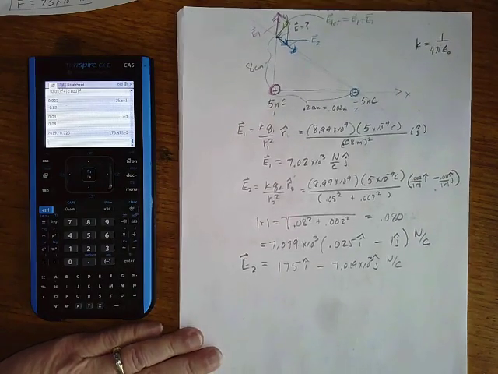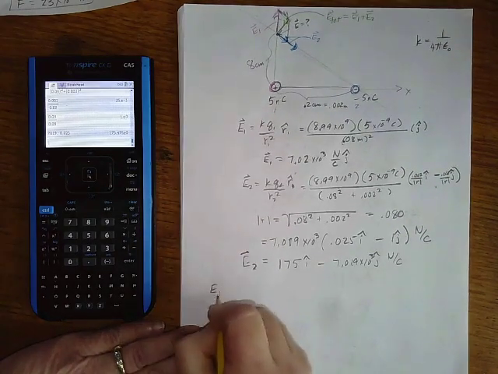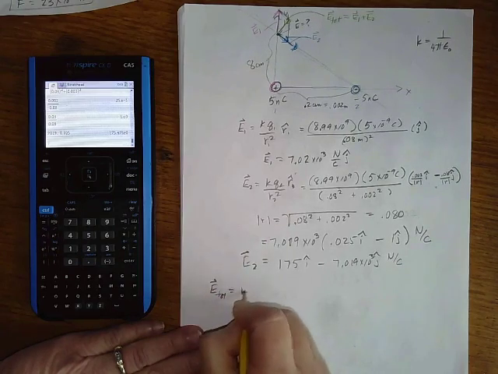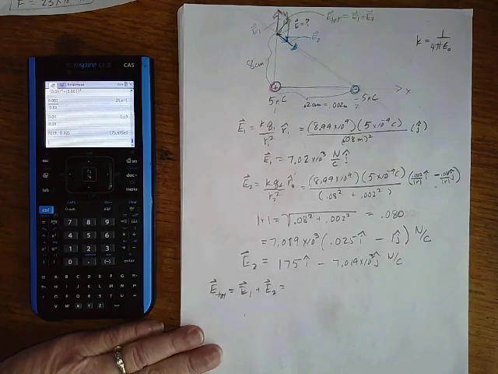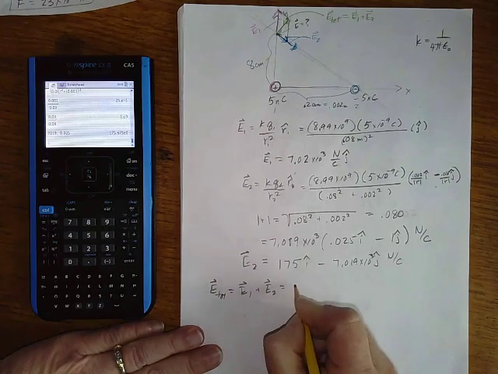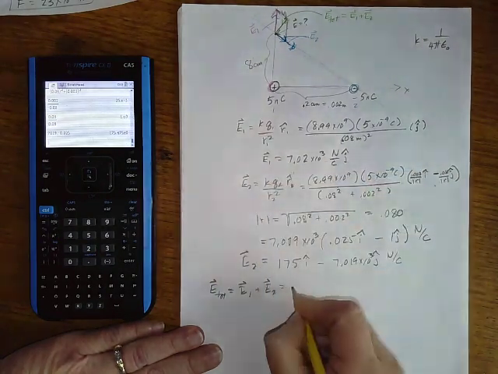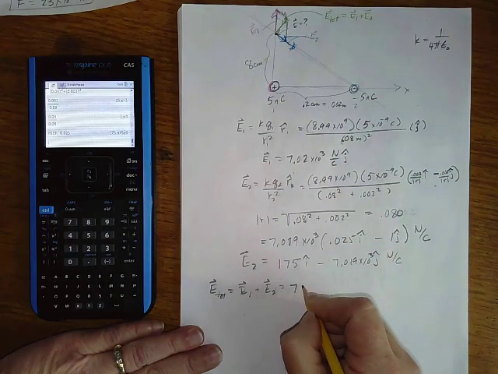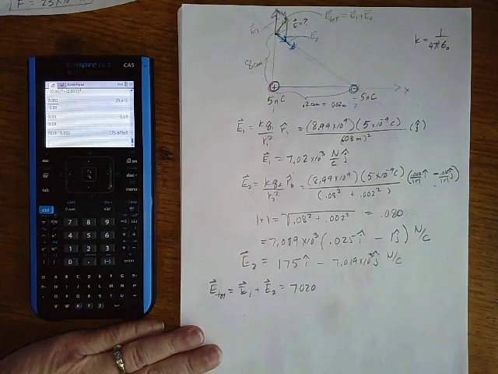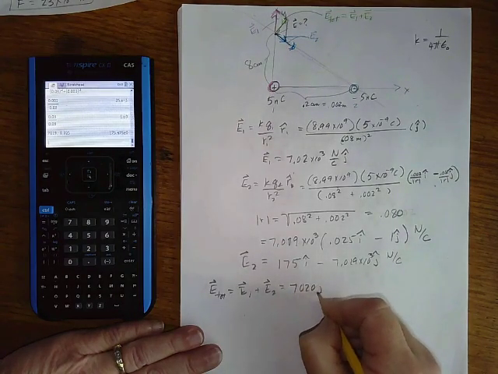All right, we're getting there. So now we want E total, E1 plus E2. Don't forget the hats. So E1 is, if we want to just get rid of the exponential notation, 7,020 j hat.